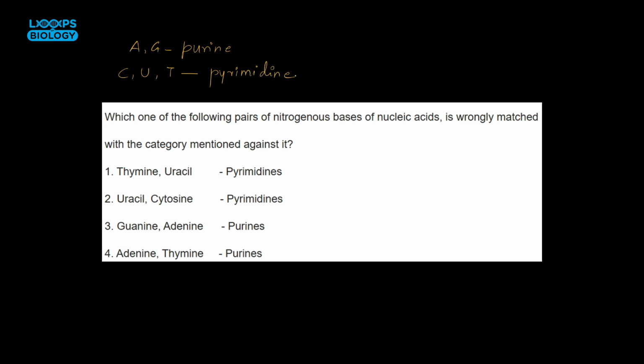Alright, so thymine, uracil, pyrimidine, right? Uracil, cytosine, pyrimidine, right? Guanine, adenine, purine, right? Adenine, thymine, purine is wrong. Thymine is pyrimidine and adenine is purine. So this is basically my answer for this question.